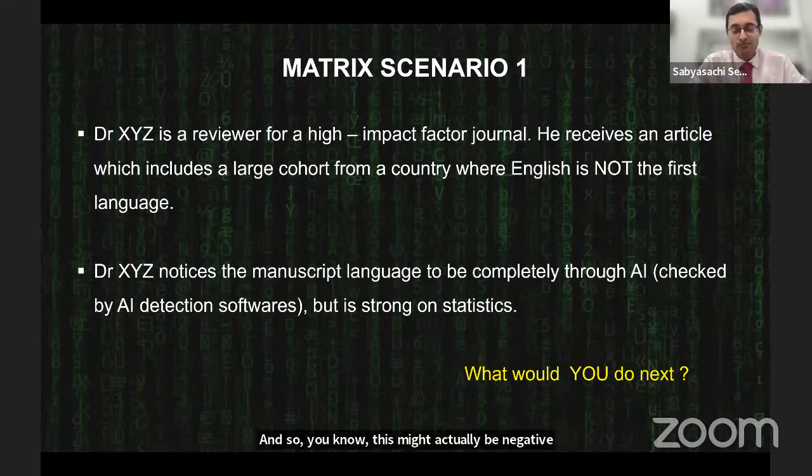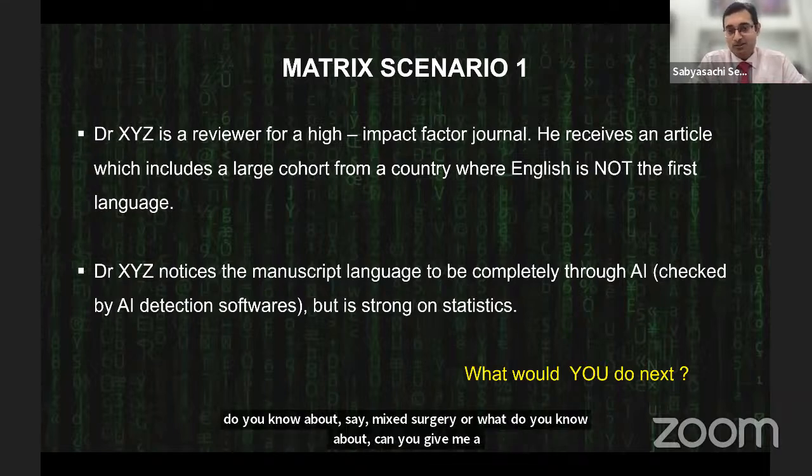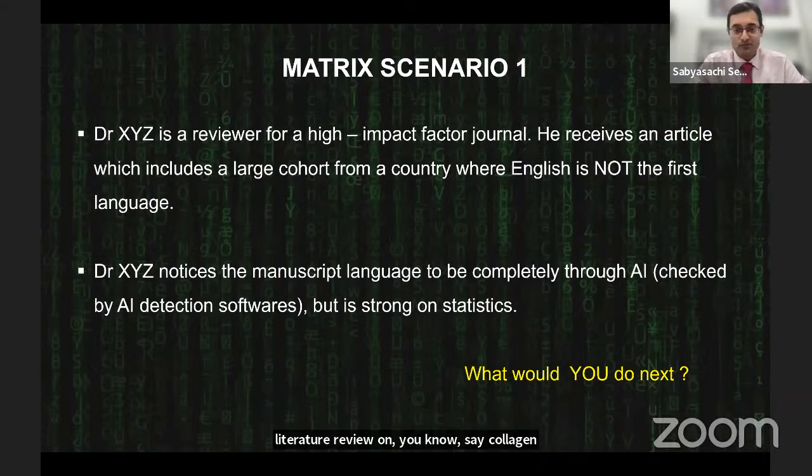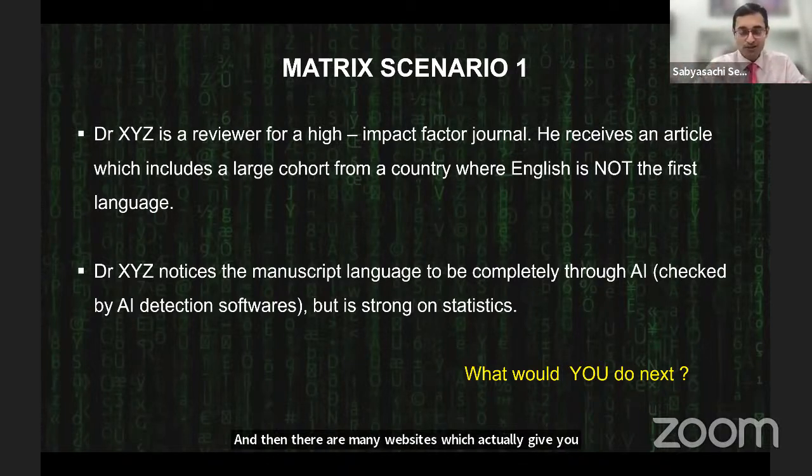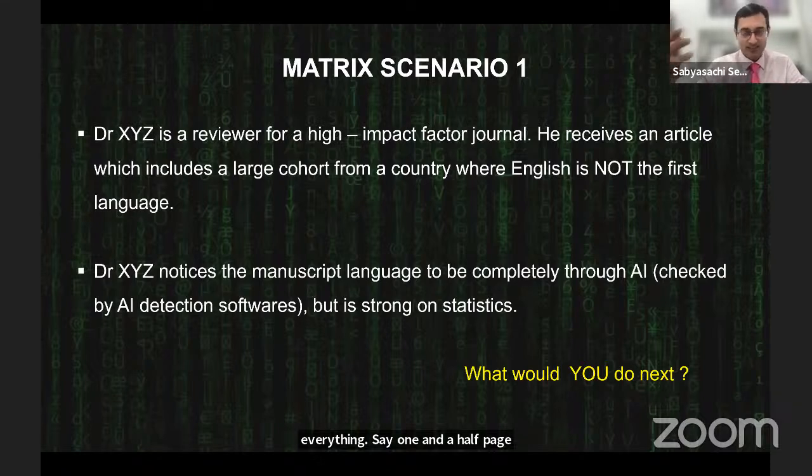Overall, if you use AI for paraphrasing and not for actually generating original content, that's different. If you just ask, what do you know about, say, mixed surgery, or can you give me a literature review on, say, collagen cross-linking, there are many websites which give you everything, say 1.5 pages' worth of information along with referencing, and pretty much everything there is to know about it.